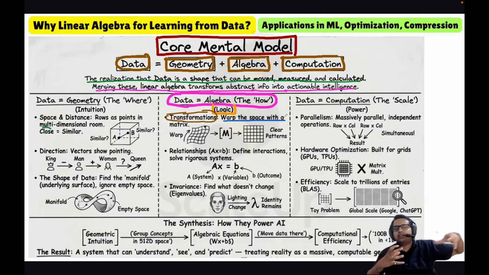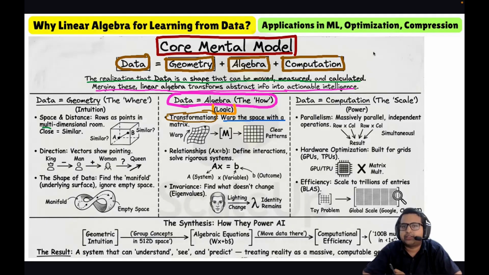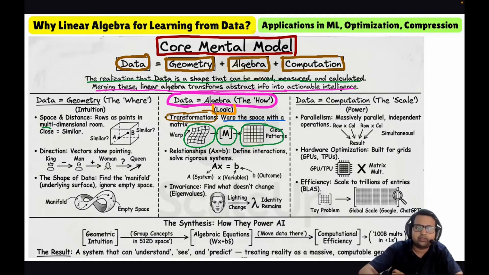We can scale it, we can compress it, we can rotate it so that we get some clear patterns. We can apply linear algebraic transformations to get clear patterns which we can analyze.